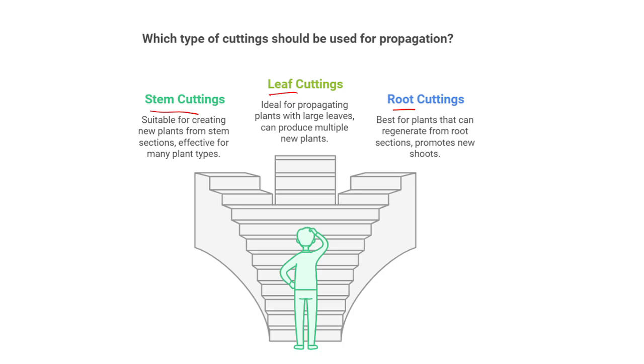Leaf cutting is ideal for propagating plants with large leaves and can produce multiple new plants in a short time. Root cutting is best for plants that can regenerate from a root section and promotes new shoots.